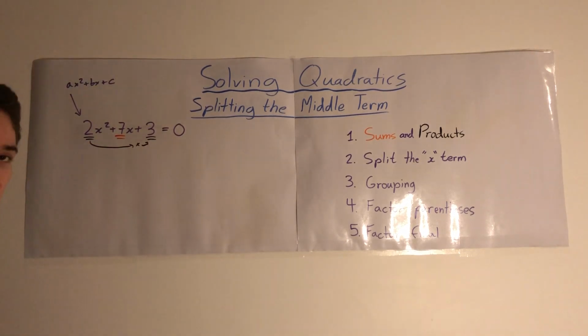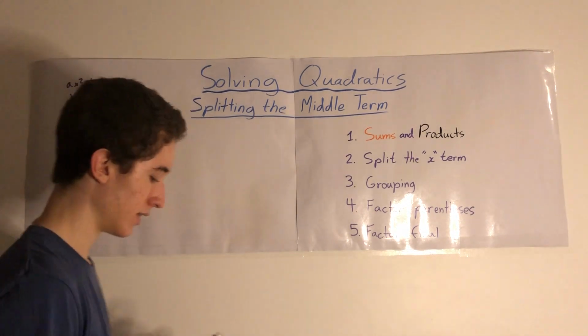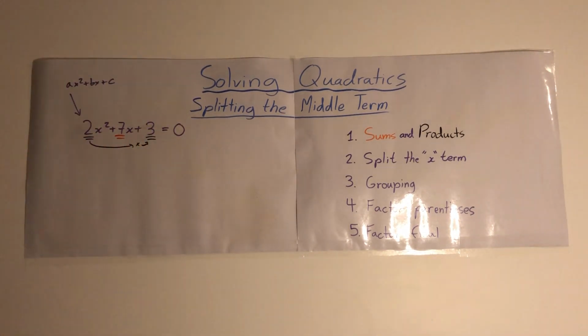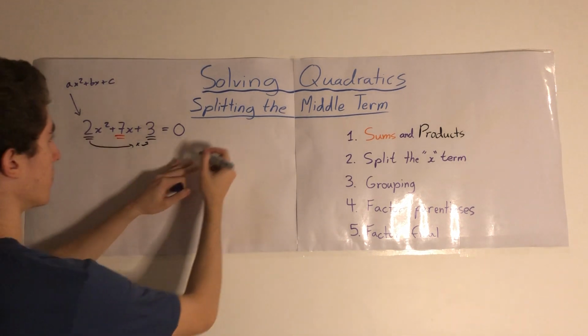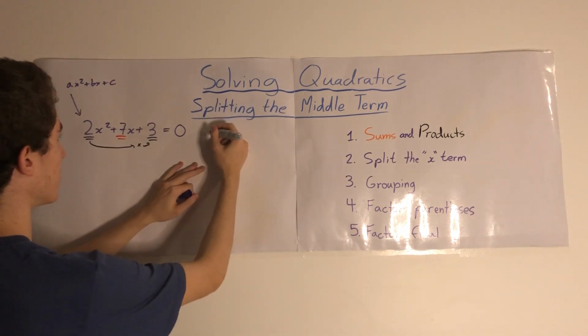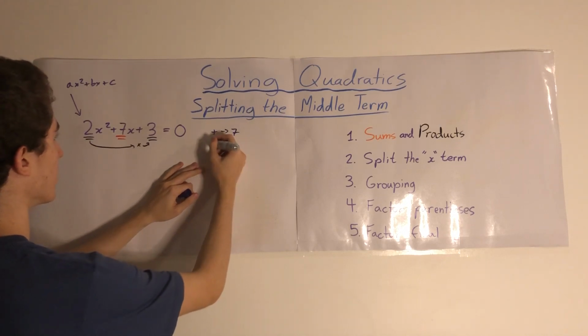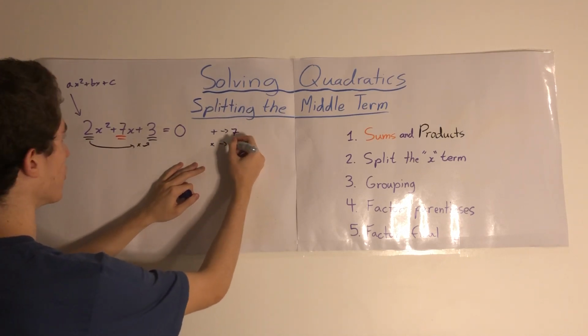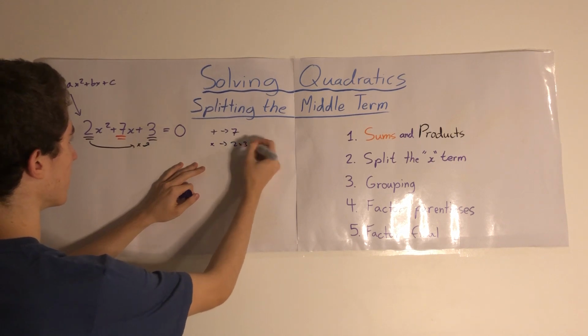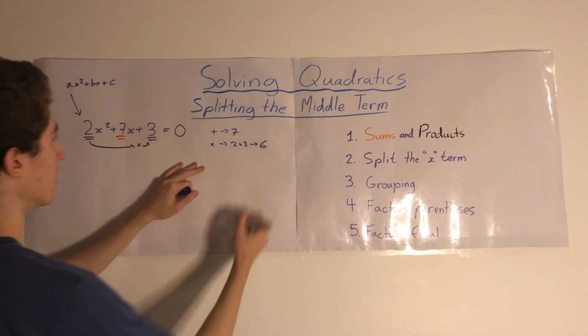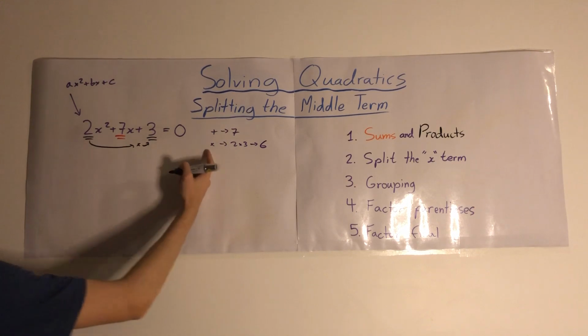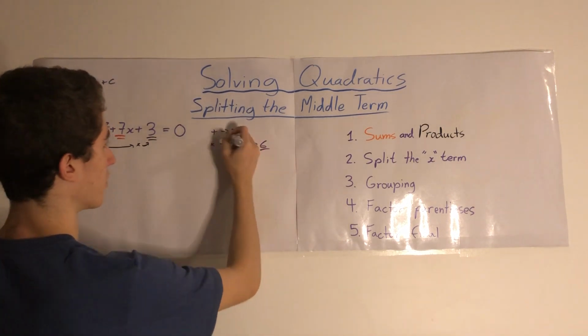Sorry, that is a multiplication, not an x, okay? Times that one. And I'll show how that works. So we want to have two numbers that add up to 7 and multiply to 2 times 3, which is 6. Two numbers that add up to 7 and multiply to 6, okay?